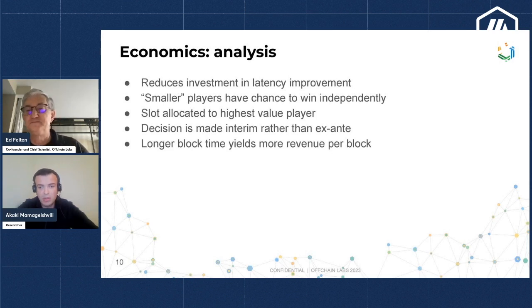Okay, so of course the longer block time yields more revenue per block, but we have other considerations as well. That's why we don't want them to be too long, because that increases the latency.